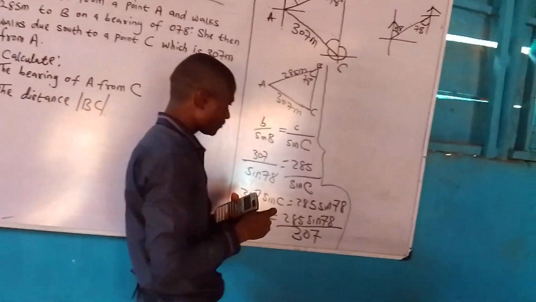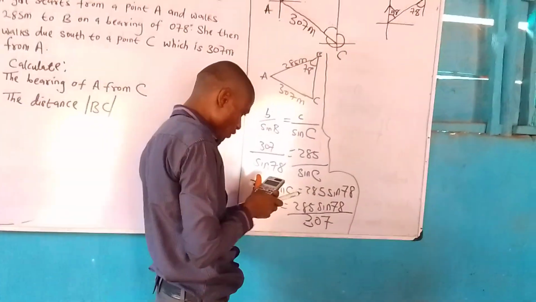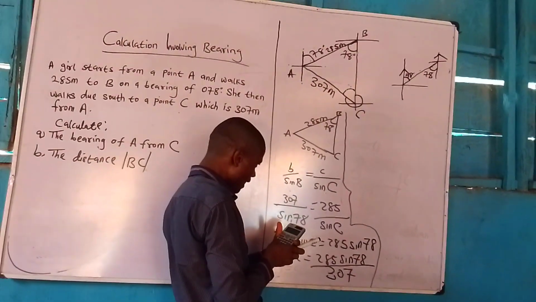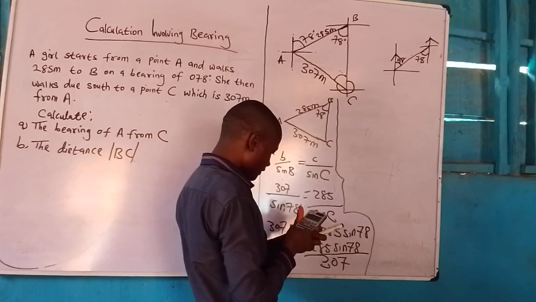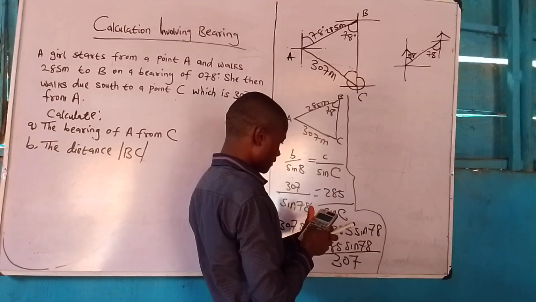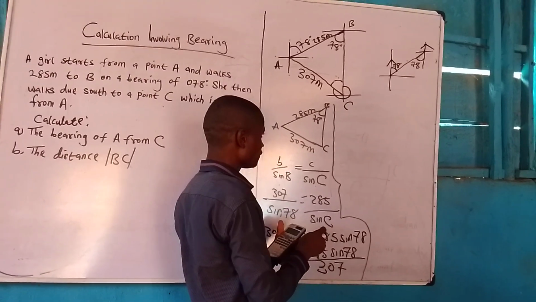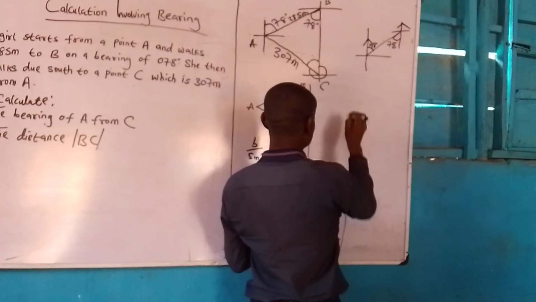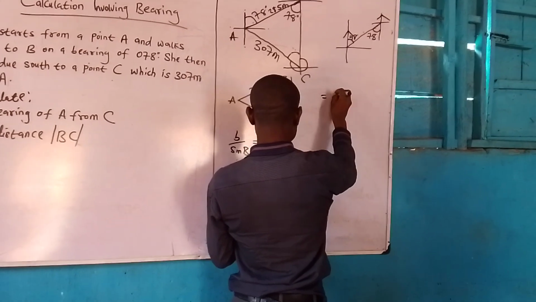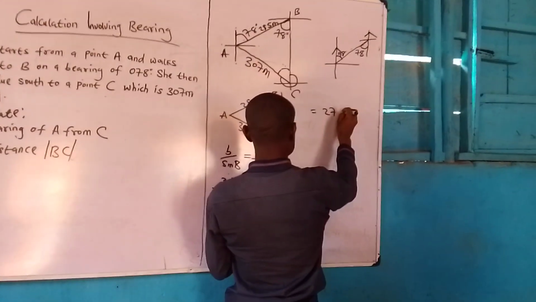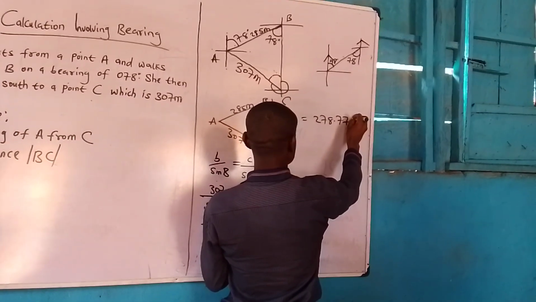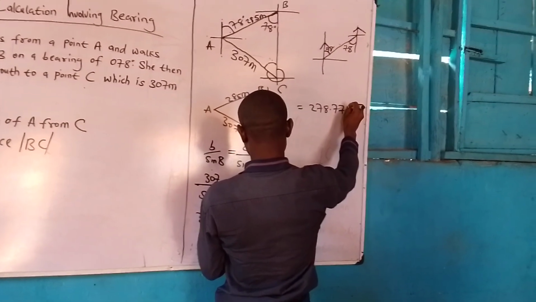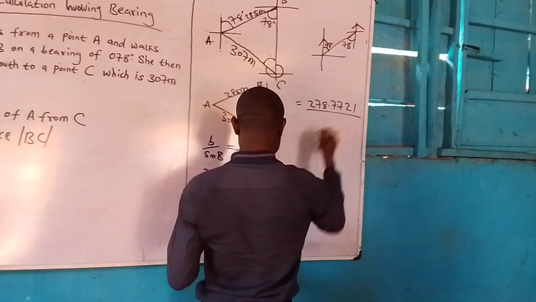Now what we do is we just say 285 sine 78. It will give us 278.77021, divided by this.